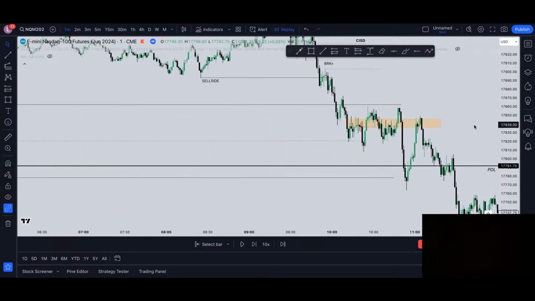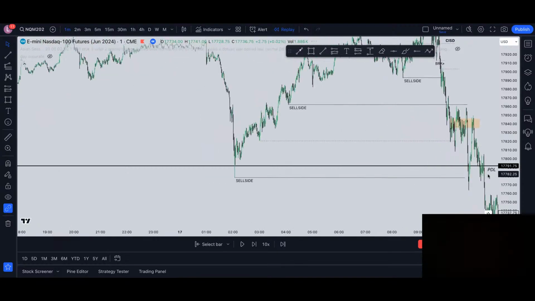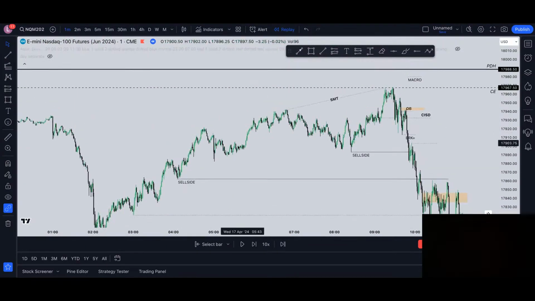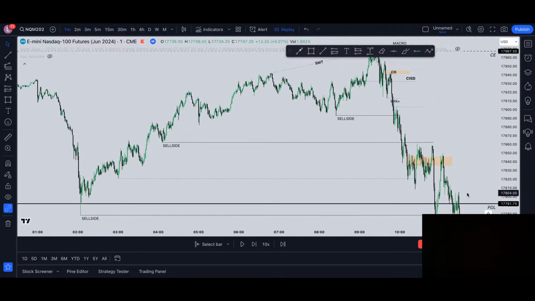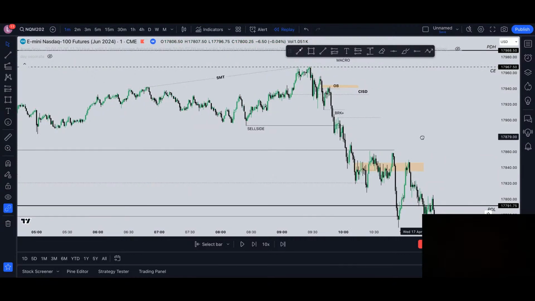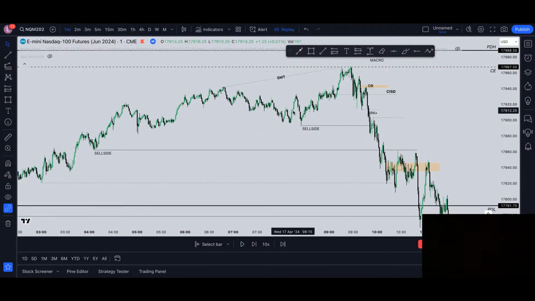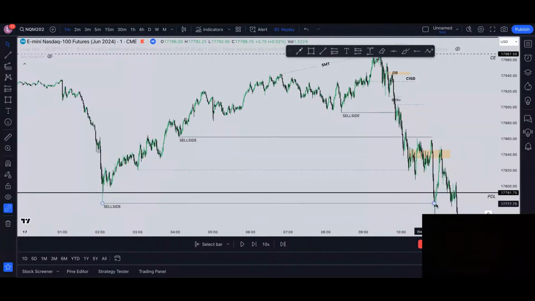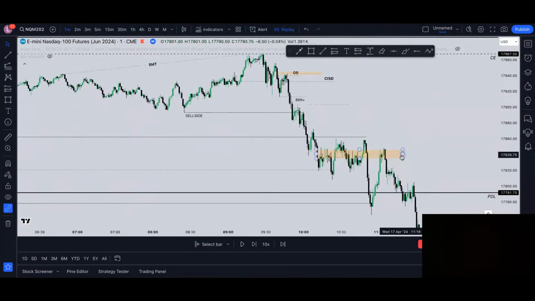But the thing I didn't notice was previous daily lows was behind me, and we were in a market maker sell model, and where was our ultimate objective? The sell side. So this trade was a low probability trade. Why? Because we were in a market maker sell model. Our objective was almost near, and I was spying over there.